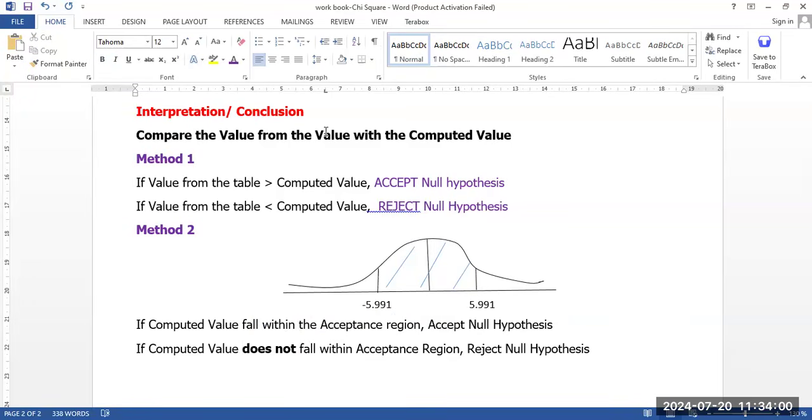Someone in the chat is saying, I'm not getting method 1. If you're not getting method 1 and you're getting method 2, just go with the easiest one, unless you say even method 2 is not clear. Is method 2 clear to you?